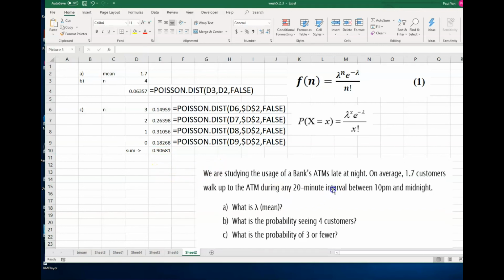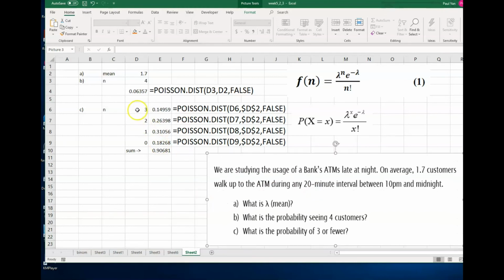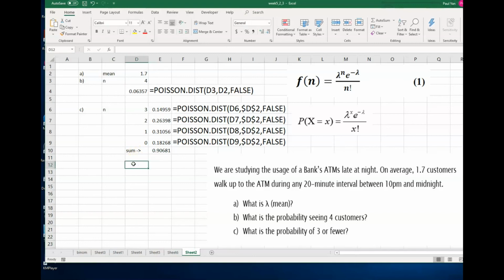According to this formula, what is the probability of 3 or fewer? Because it is 15% for 3, 26% for 2, 31% for 1, and 18% for 0, we add them together. If you really understand so-called cumulative, let's look at cumulative.